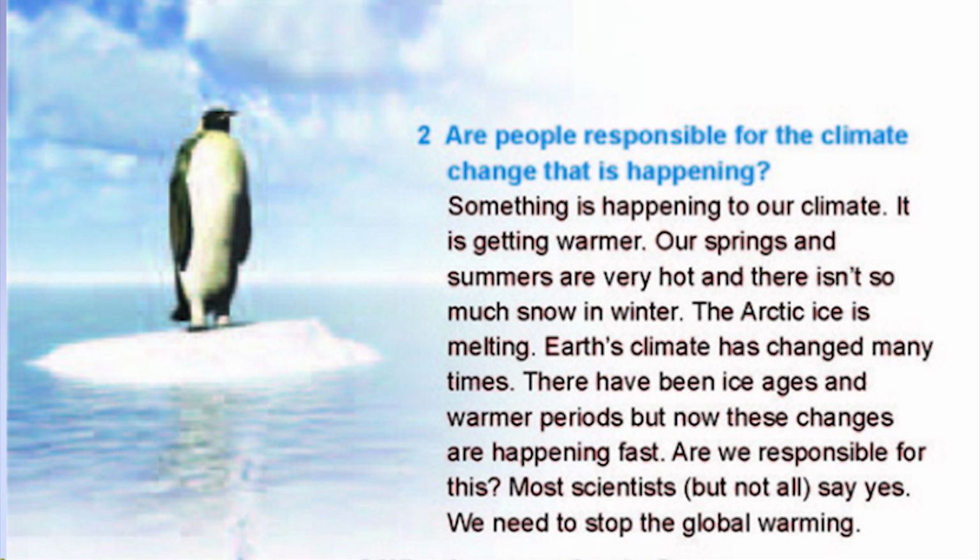There have been ice ages and warmer periods, but now these changes are happening fast. Are we responsible for this? Most scientists, but not all, say yes. We need to stop the global warming. So yes, the answer is in the pre-last sentence. Most scientists say yes.